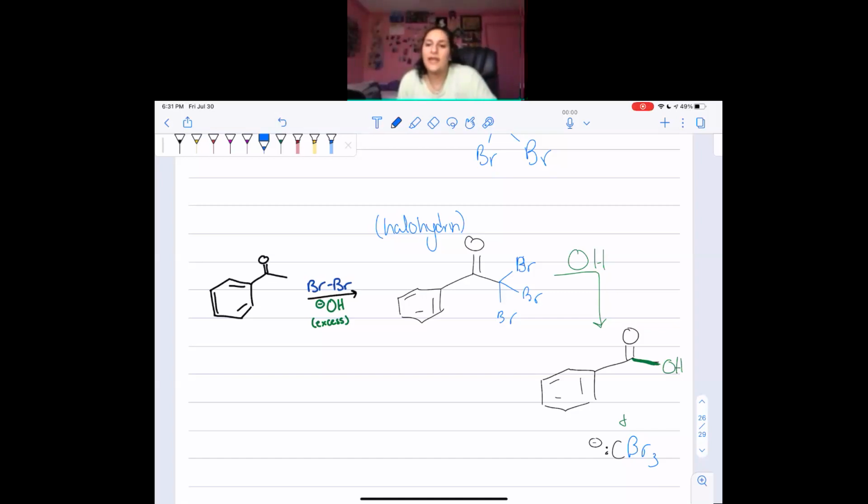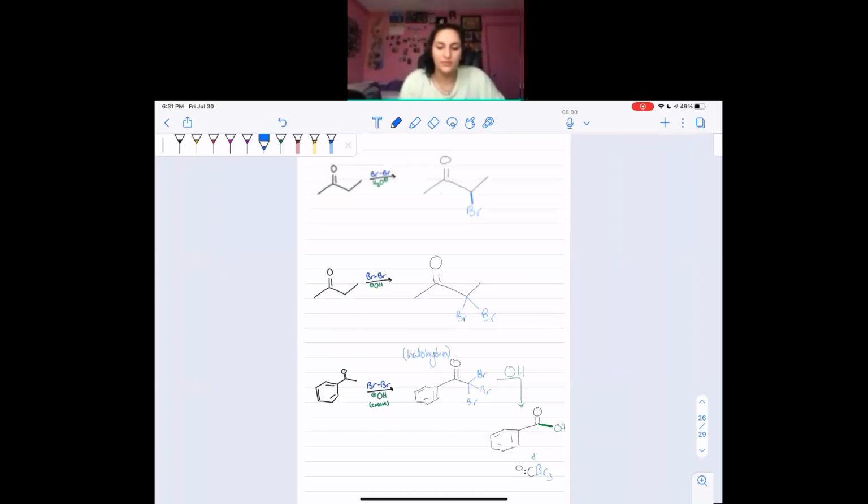Yeah, this is the haloform reaction. So this specific type of base catalyzed halogenation is called the haloform reaction. And so I will zoom out so you can see all 3 of these guys on one page.